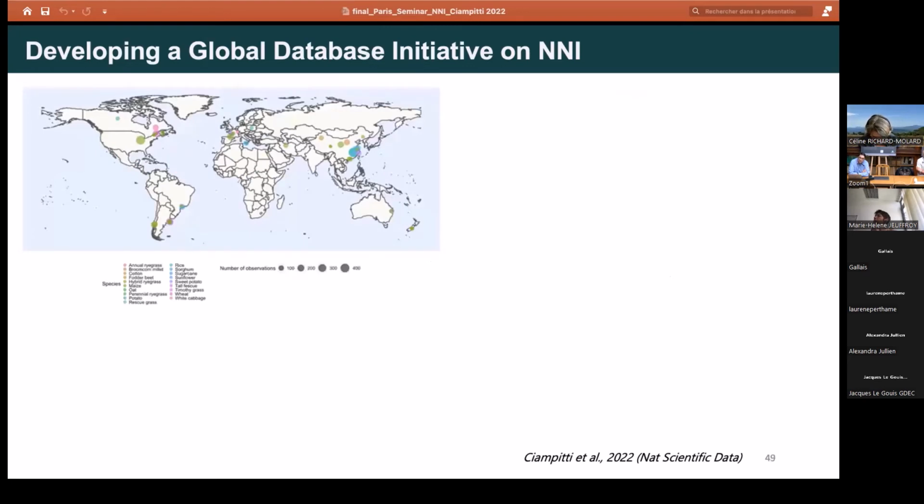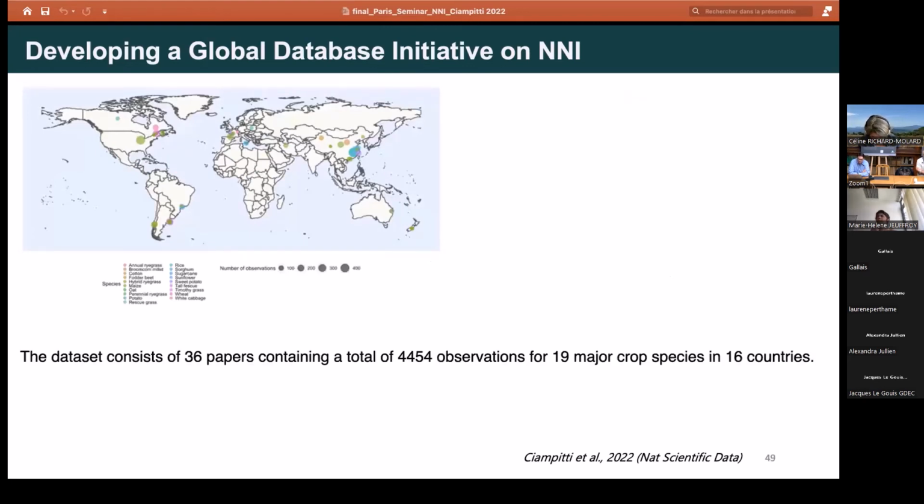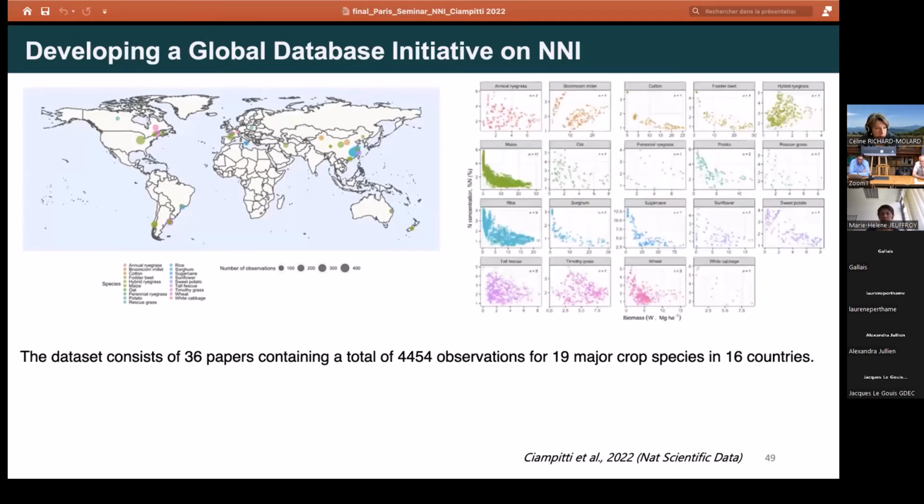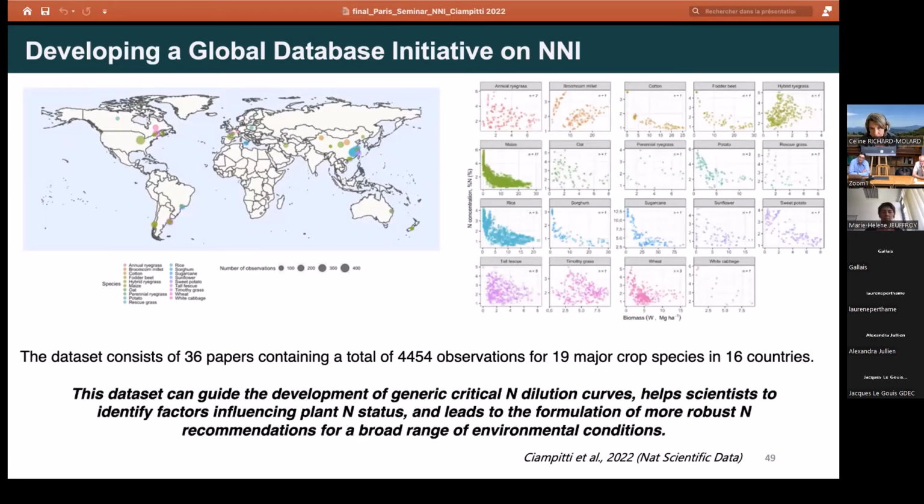If you look at the map, we collected data from multiple crops. I think that we have close to 19 total, 36 papers, more than 4,000 observations. And it's all the dilution curves for all the different crops. So this data set is available, so everyone can use it.